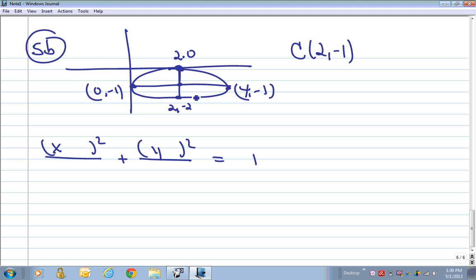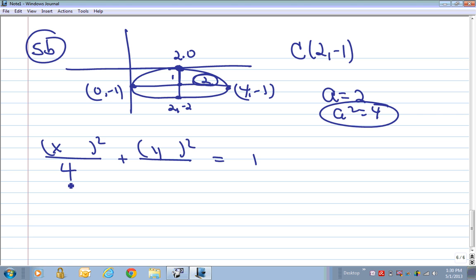This time it looks like from the center, which is at 2, to 4 is a distance of 2, and from -1 to 0 is only a distance of 1. So a is on the horizontal. Our a value is going to be 2, our a squared value would be 4. It looks like a horizontal ellipse, so it's going to go under the x. So 4 is going to go right here.